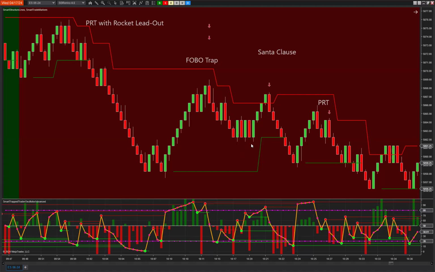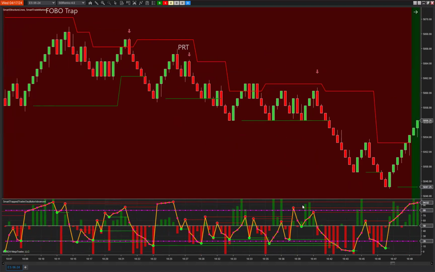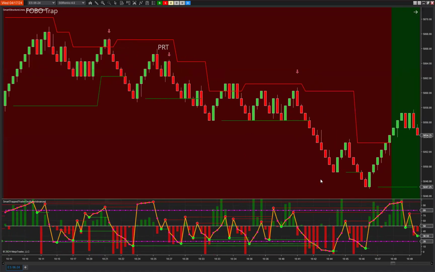They get bamboozled. So here we have another Santa Claus. This is like the fourth one. Here we have a pivot retag with a lead out. Again, my favorite. Rob's favorite, my favorite, doesn't really matter. Smart breakpoint lead out, boom, and this is 10, 11, this is 11:30 room time.